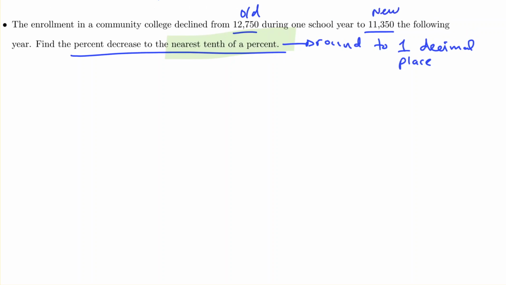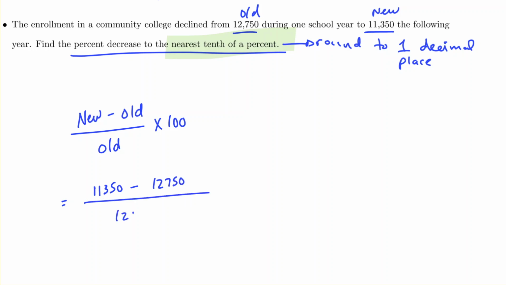Remember, new and old refer to the time period, what was first, what was second, not necessarily bigger or smaller, because in this case, our old value was actually larger than our new one because we're actually decreasing. So it's new minus old divided by old times 100. Write that out enough times till you have it memorized. Okay, new is the 11,350 minus 12,750 over the old 12,750 times 100.